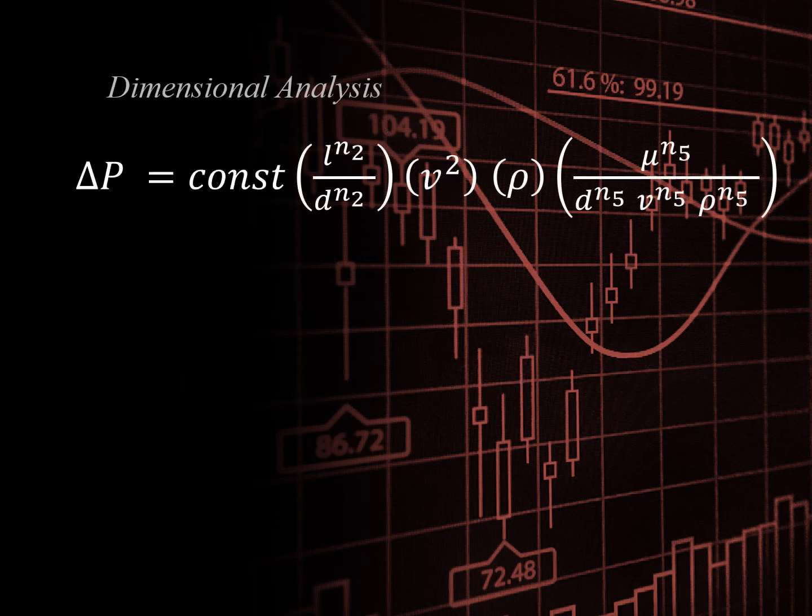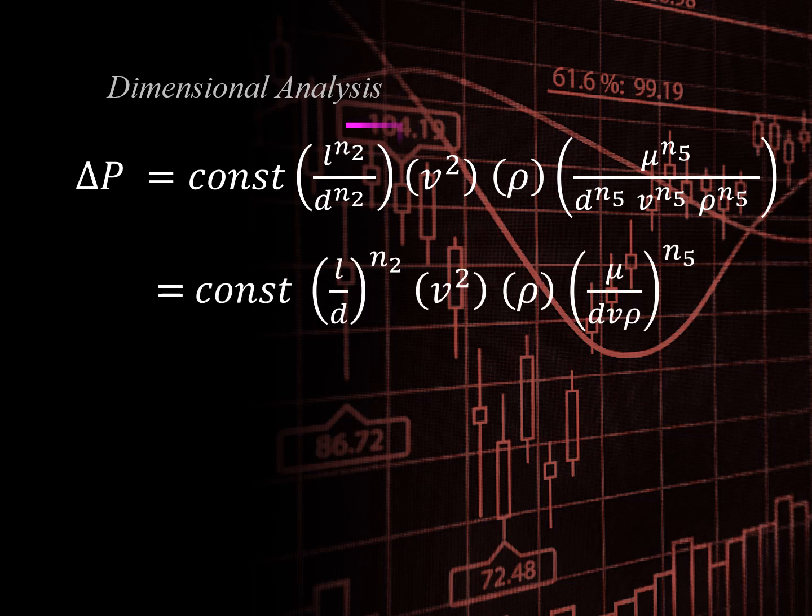Simplifying further, take note that V squared and density, which are in the middle among the terms on the right side, do not belong to any group. So we have only terms raised to N2 and raised to N5.